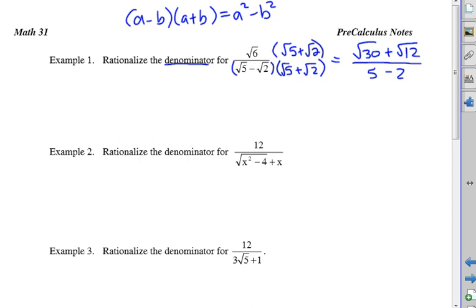No. Does 4 go into it? Does 9, 16, 25? Okay. So 12, 4 times 3, so it becomes 2 root 3, all over.